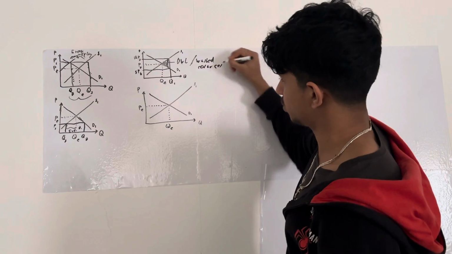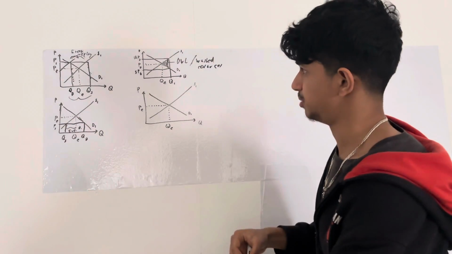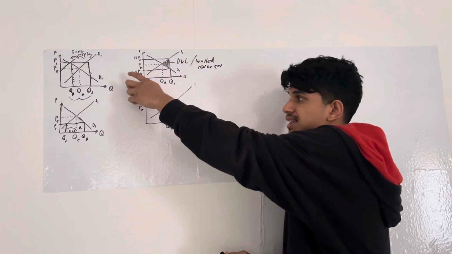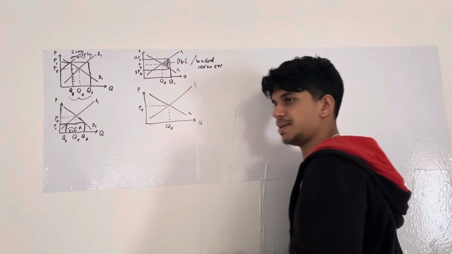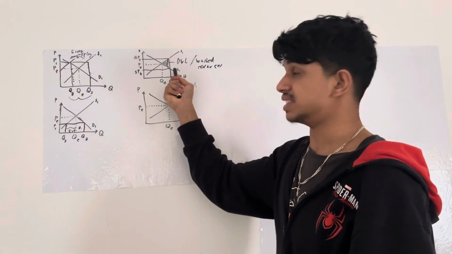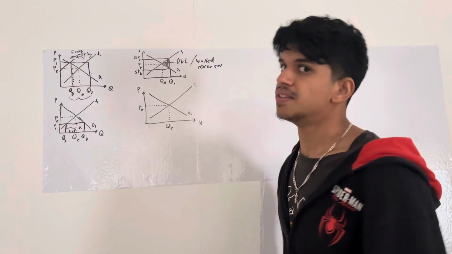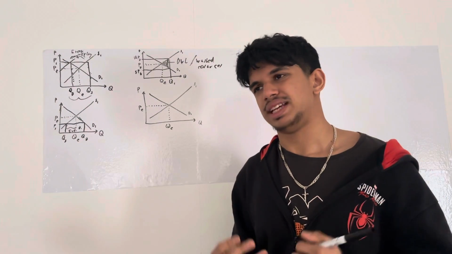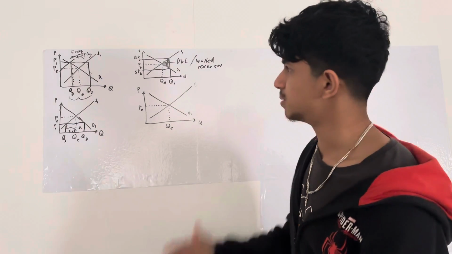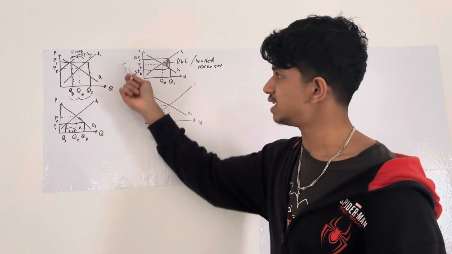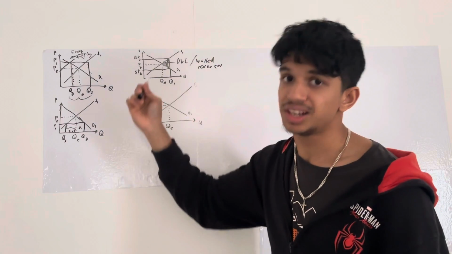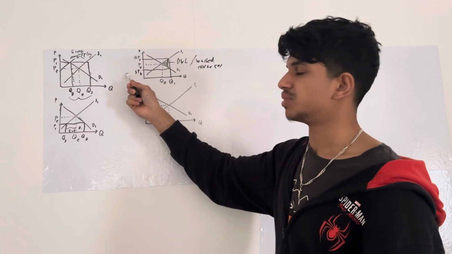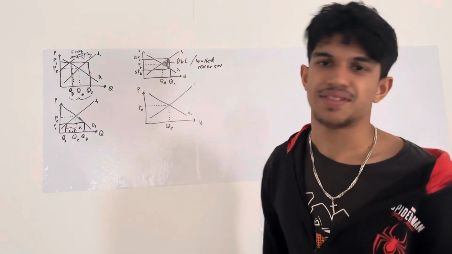So in this case, it's wasted resources because, of course, buyers are not willing to pay this price of 15 euros a barrel, since they only value it at 5. Now, imagine, let's just say, that it is sold at 15 euros a barrel. That is still bad for society, because suppliers are supplying a 15 euro a barrel value of oil to people who would only buy the oil at 5 euros a barrel.